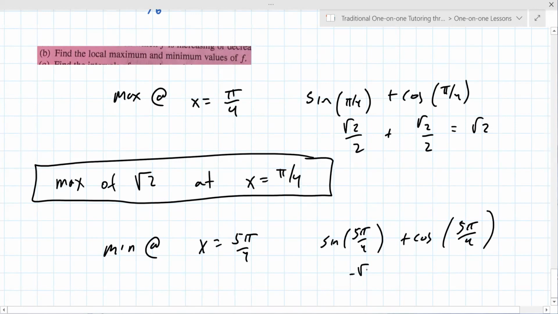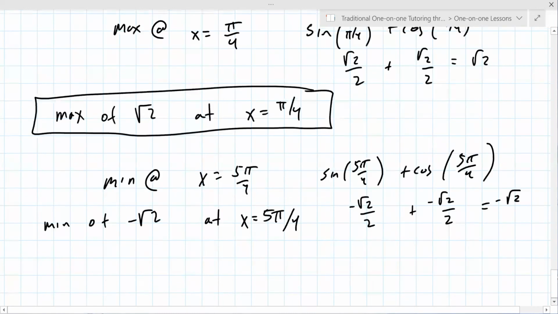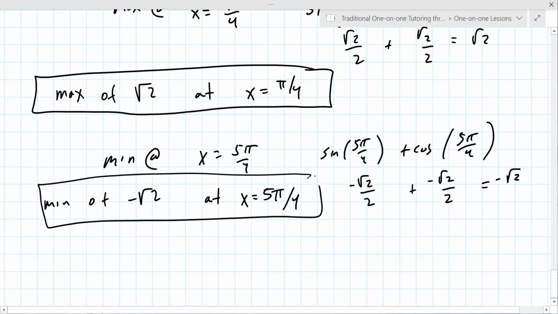Okay, and it's negative square root of 2 over 2 plus negative square root of 2 over 2. So it's negative square root of 2. So you would say min of negative square root of 2 at x equals 5 pi over 4. But don't let this fool you. It's not always a flip of the sign. That just happened to be the case here.